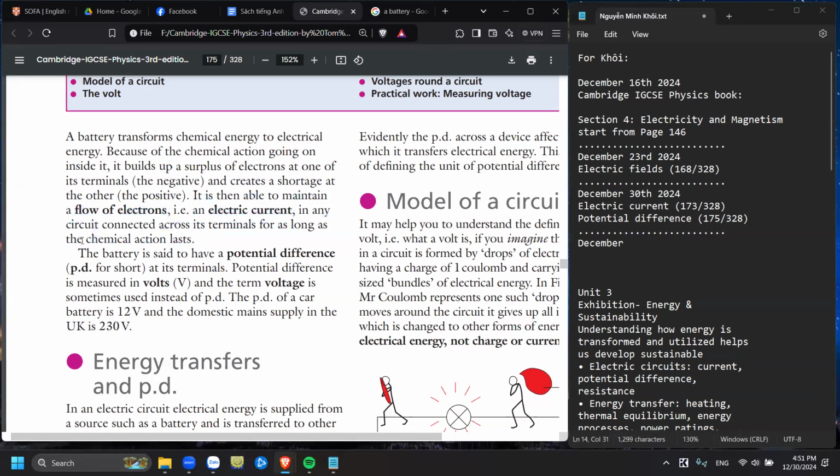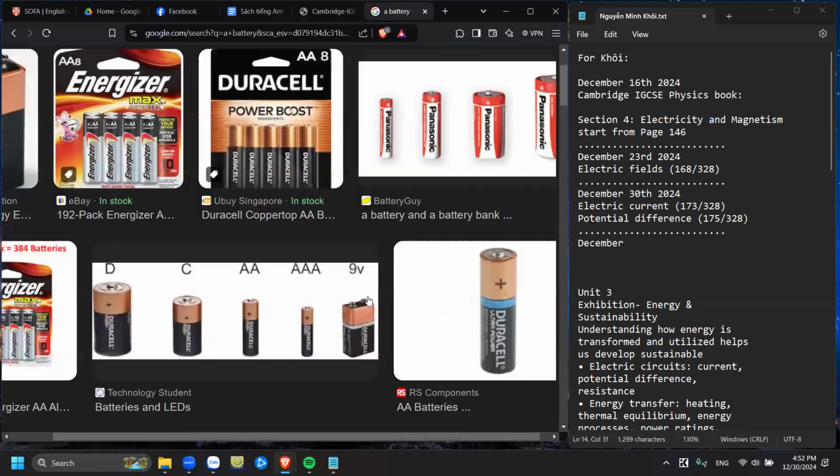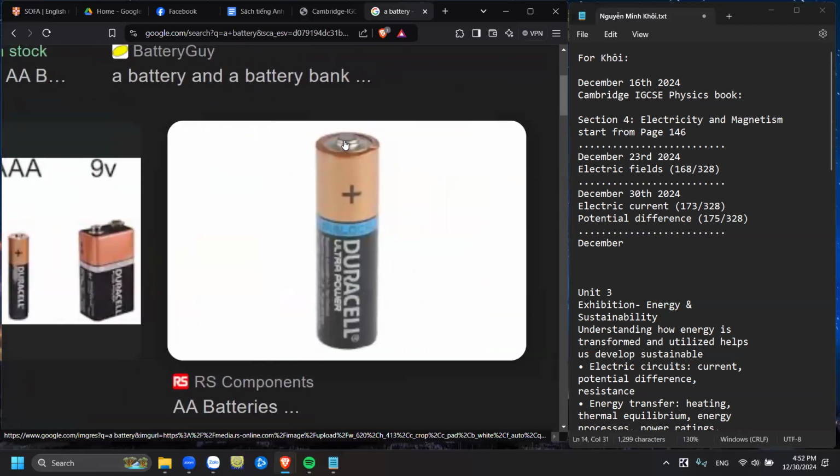Now, the battery is said to have a potential difference, they say PD, at its terminals. Let's imagine here, this is the positive, this is the negative side, right? So the electrons will concentrate around the negative terminal, and there will be very few electrons at the positive one.